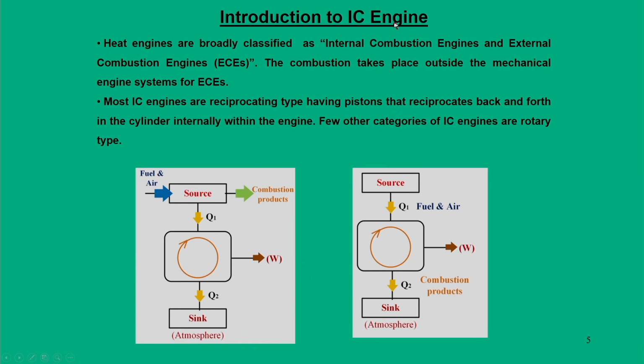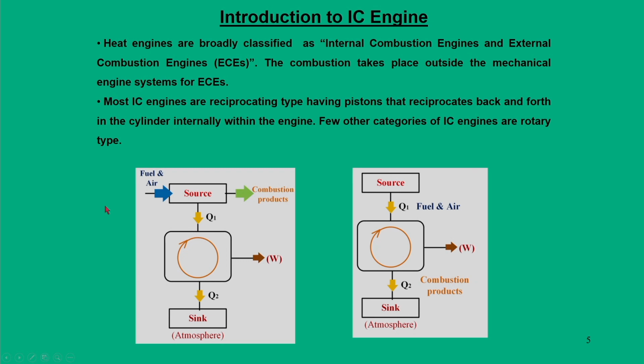Now, let us see in what sense we can classify these heat engines. Normally heat engines are classified as internal combustion engines and external combustion engines. In an external combustion engine, the combustion mostly takes place outside of the mechanical systems.